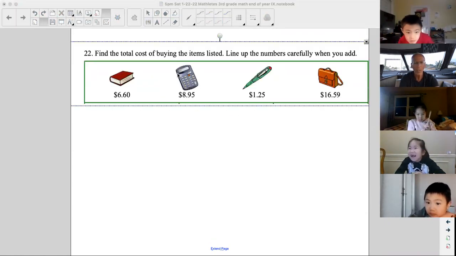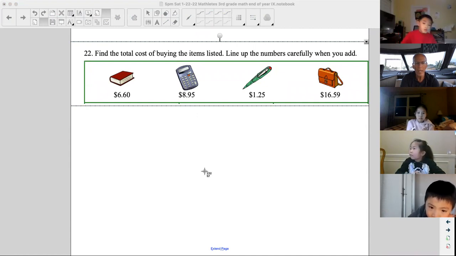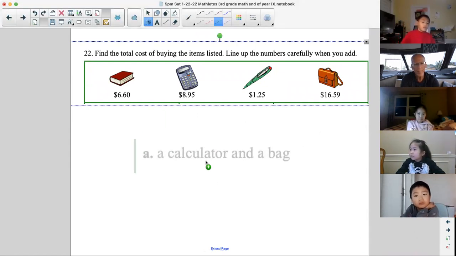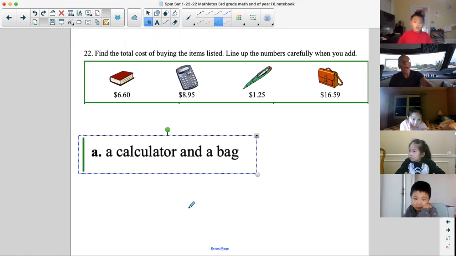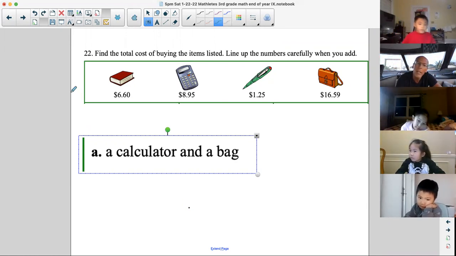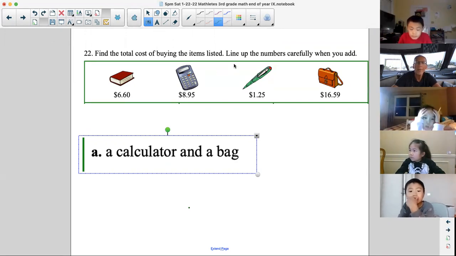Okay. So we have 4 different items. Now, the first thing Mr. Kramer does is he buys 1 calculator and 1 bag. How much money does 1 calculator and 1 bag cost?